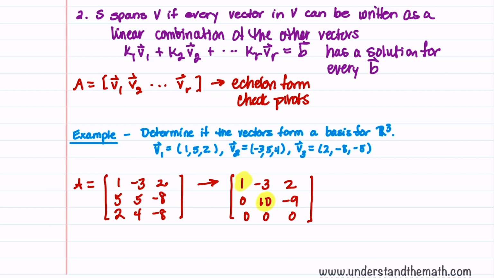Our third column is missing a pivot. That tells us that one vector in this set of vectors can be written in terms of the other vectors. So our vectors are not linearly independent, which means these three vectors do not form a basis for R3. So we'll write down a no.